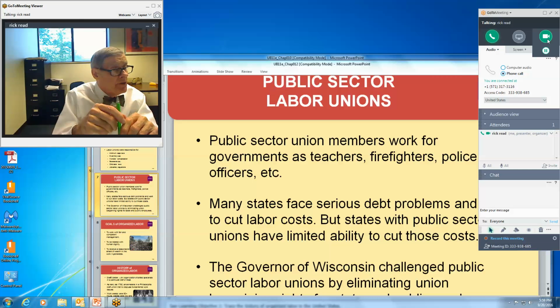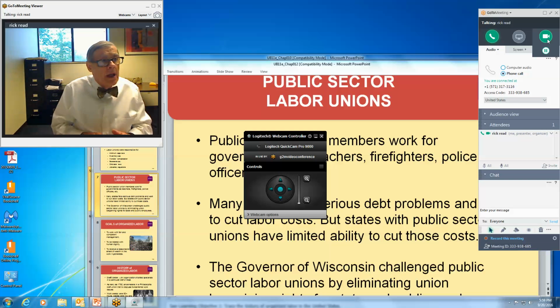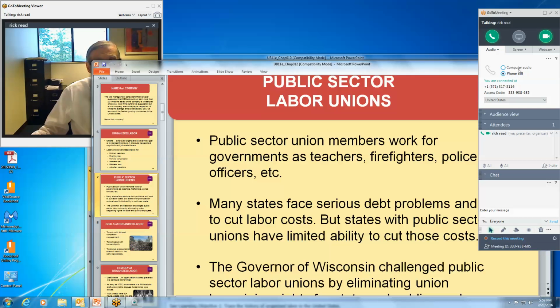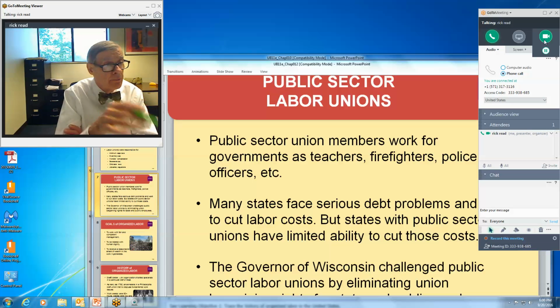Now, I have never been a union member, and I probably never will be. But balancing the books on the backs of employees, regardless of whether they're state employees or some other employee, is not a good tactic. And the reason it's not a good tactic is the employee, him or herself, or the employees as a group, had little to do with the company getting in the situation in which they were.